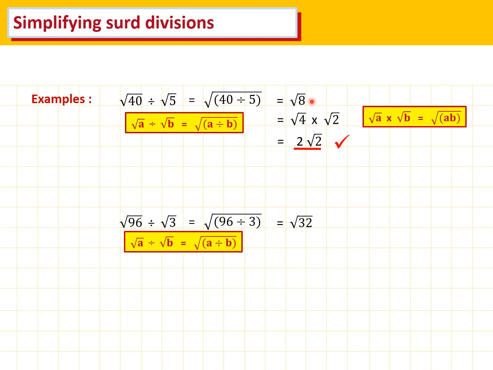We didn't stop at root 8, we simplified it. The question is, can we simplify root 32? Can we find a square number that goes into 32? And the biggest square number we can find is 16. And the square root of 16 is 4. So our answer is 4 root 2.